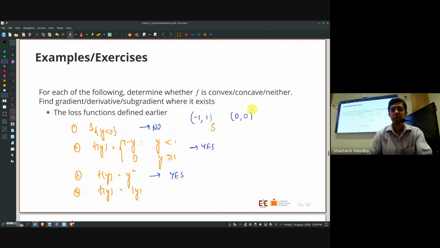And I can very easily construct examples where the second derivative is equal to 0 at all points except maybe 2 points where it is not defined, and the function is neither convex nor concave. In this case, the second derivative is equal to 0 at all points except these 2 points where it doesn't exist. But this function is neither convex nor concave.